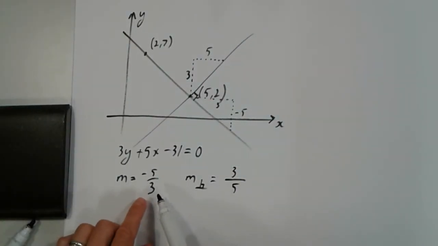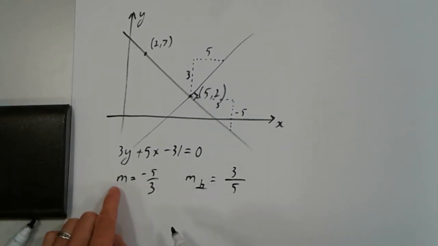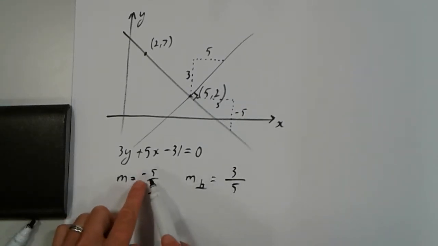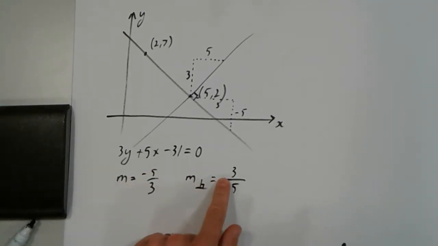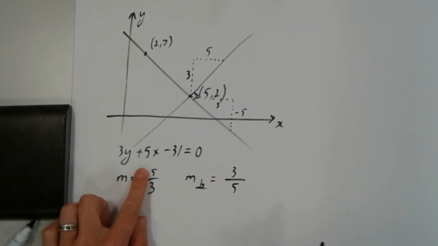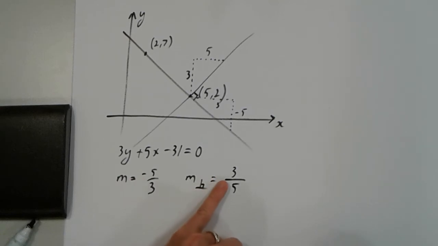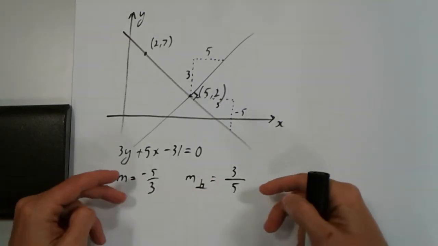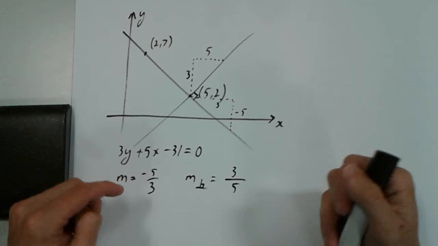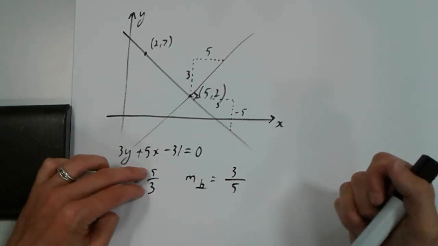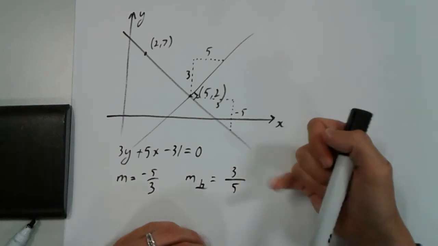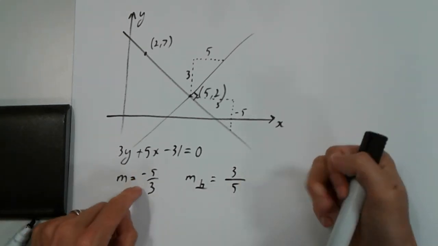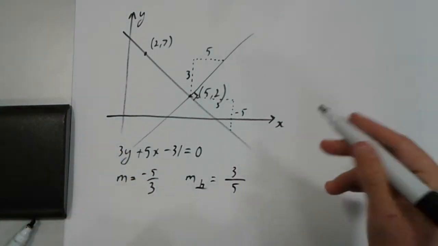We've taken what we call the negative reciprocal of our original gradient. So negative means that the sign has changed. It was negative, it's become positive. If this were a positive, this would be a negative gradient. And it's also the reciprocal. If we flip our fraction, we would get 3 over 5, and that's exactly what we have here. So negative reciprocal: change the sign, flip your fraction.